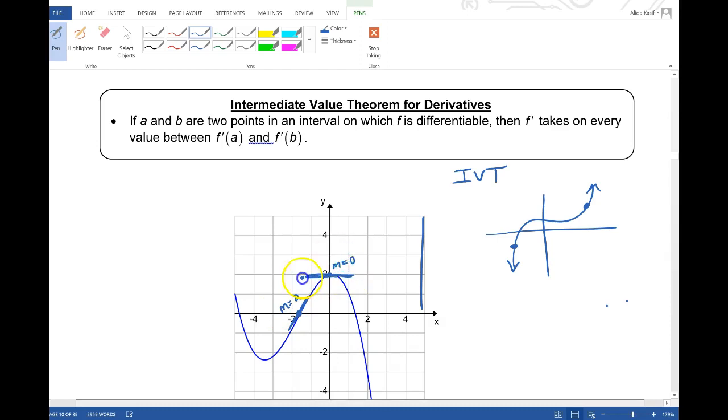That means between here and here, m has to be equal to all the values in between. So at some point, is there a slope of 1? Yes. At some point, is there a slope of 0.5? Yeah. At some point, is there a slope of 3? No. So we know that if this is the tangent slope here, and this is the tangent slope 0, it takes on all slopes in between those two values. The intermediate value theorem.